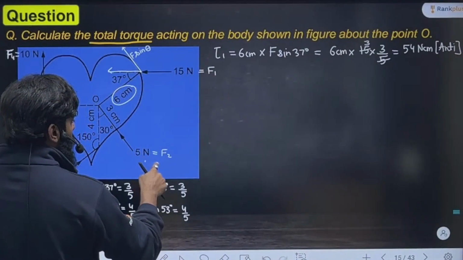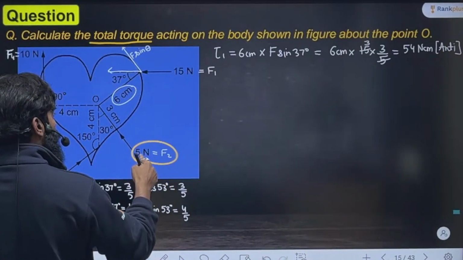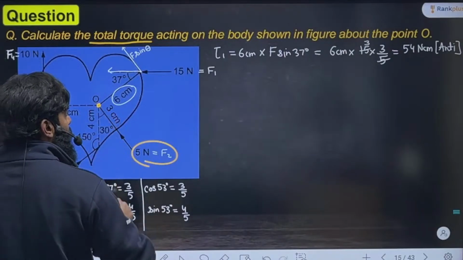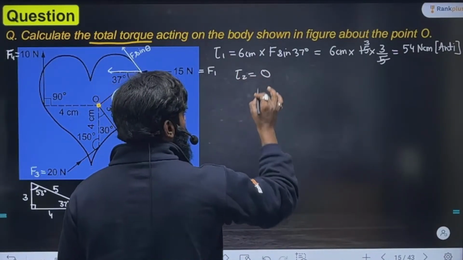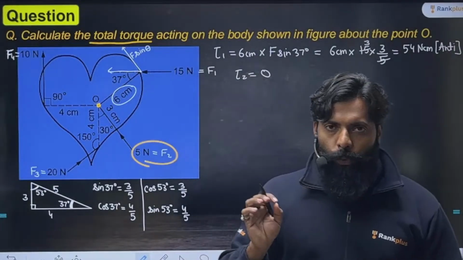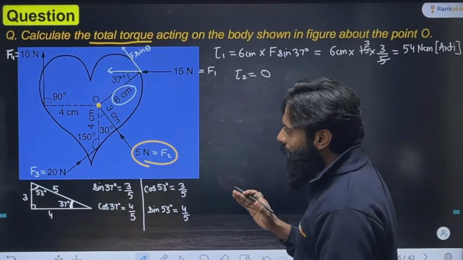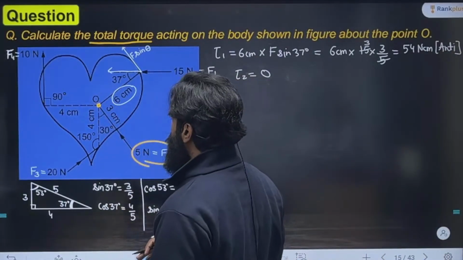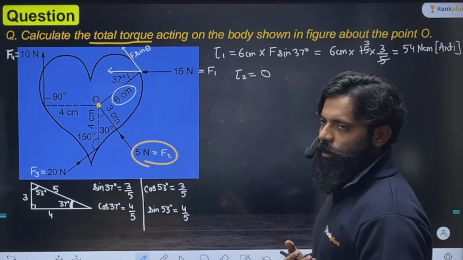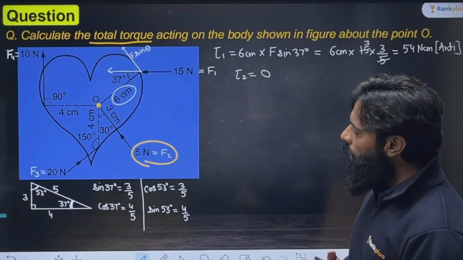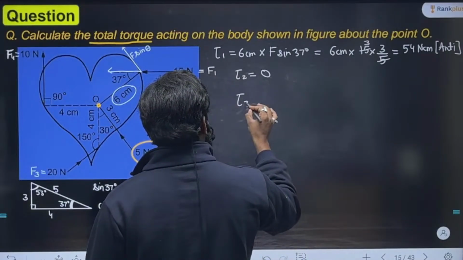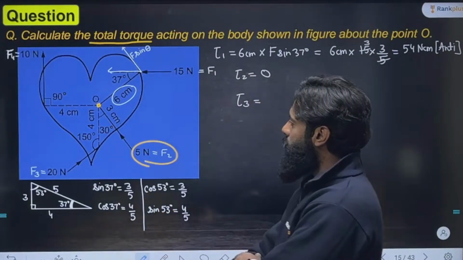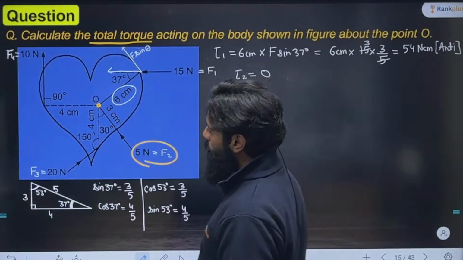And this F2, as this force is exactly passing through the center, torque 2 is 0. Torque 2 is 0 because this force is acting directly at the center, right? So there will be no perpendicular component for this. Similarly, for getting torque 3, what I could do is take the force here.